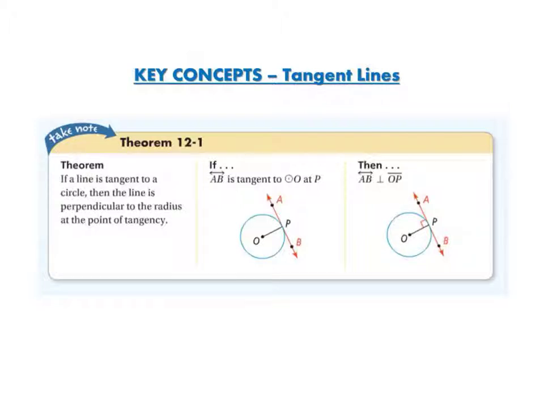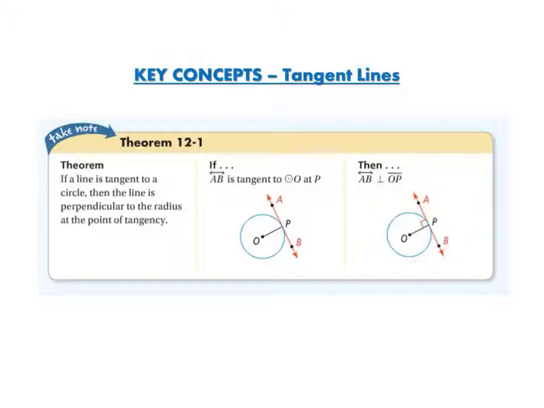All right, here is the first theorem. It says if a line is tangent to a circle, so we've got this line here, then that line is perpendicular to the radius. Remember, perpendicular means it's going to form a 90-degree angle.